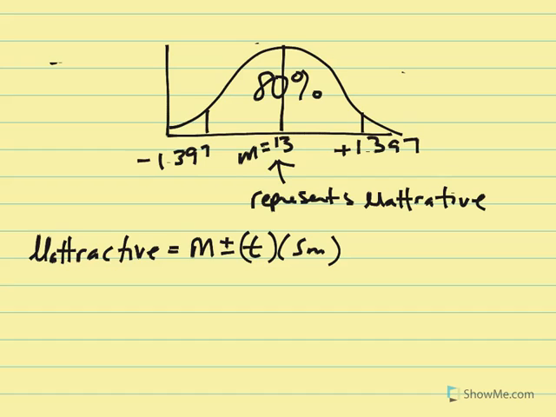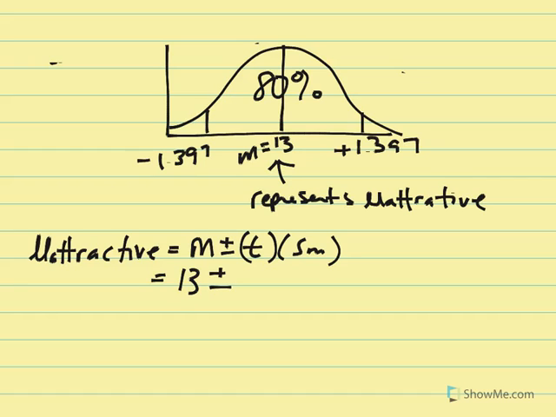So again, our equation is mu attractive, the population amount of time spent looking at the attractive face for these infants, is equal to the sample mean plus or minus the product of our t value multiplied by the estimated standard error. Again, if we replace variables, this is 13 plus or minus, and we just found our t value.